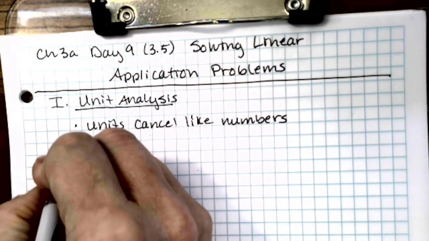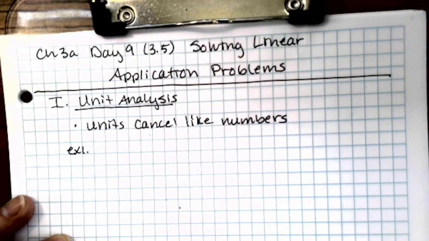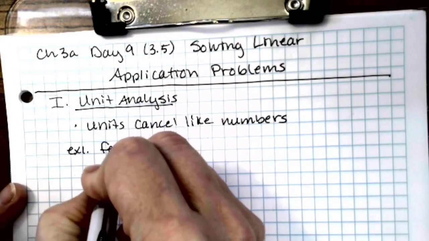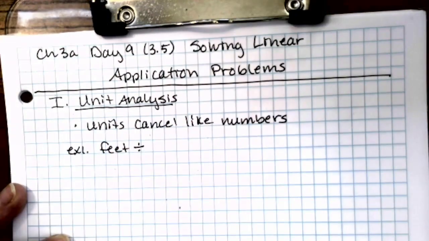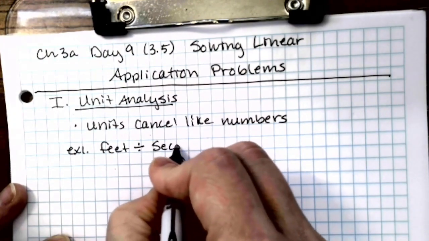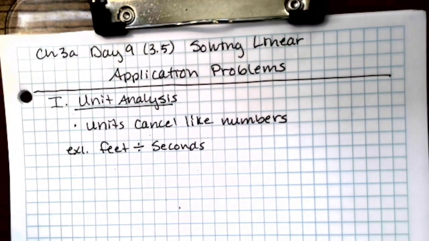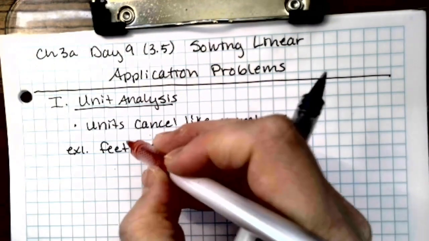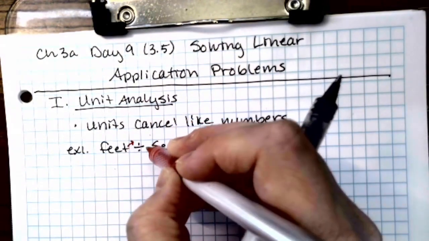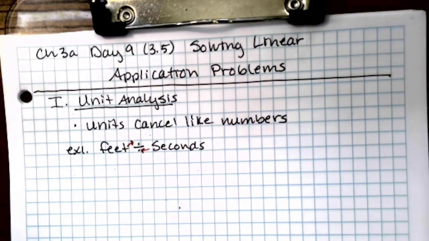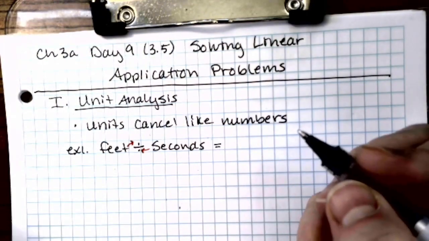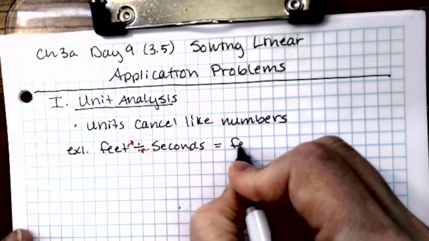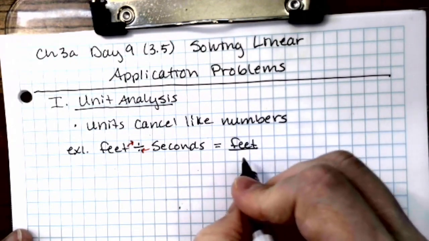Okay, so first thing we need to do is set up a basic rate. So let's say you're doing some math and you have some units in feet divided by seconds. Remember that the division symbol is like a little fraction. The first unit goes on top, the second unit goes on bottom. So to change this to a unit analysis fraction, feet would go on top and seconds would go on bottom.